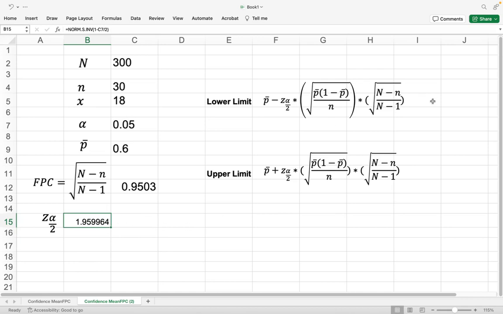Now let's find the lower limit of the confidence interval.